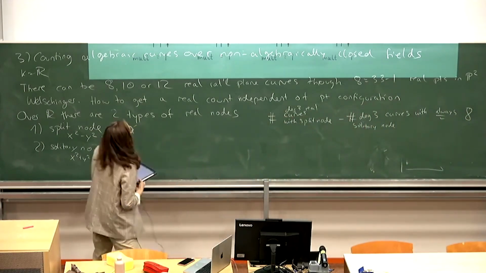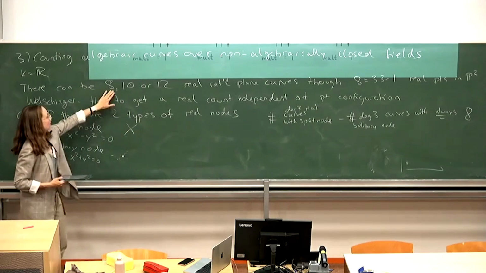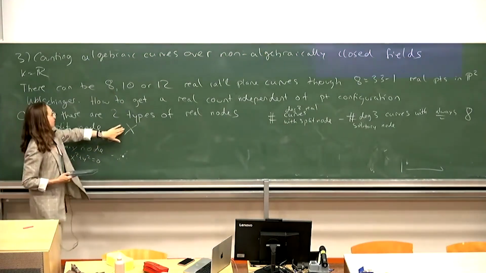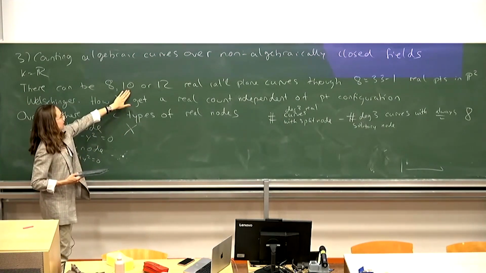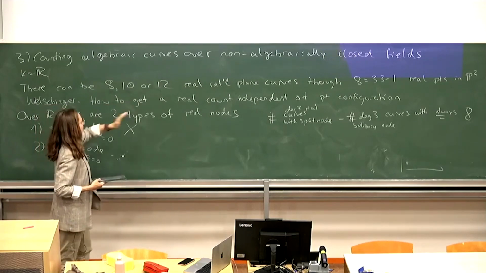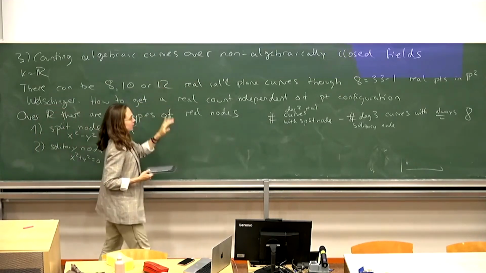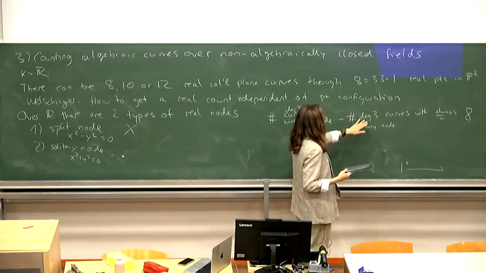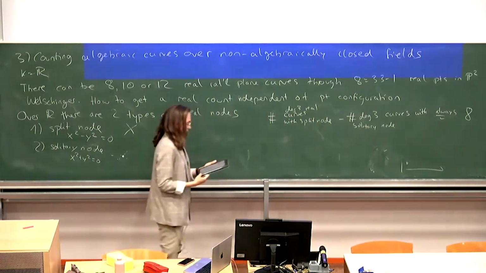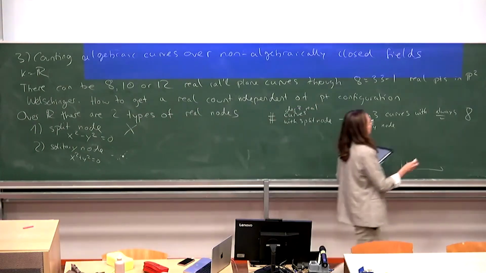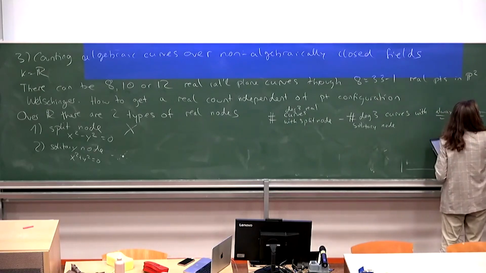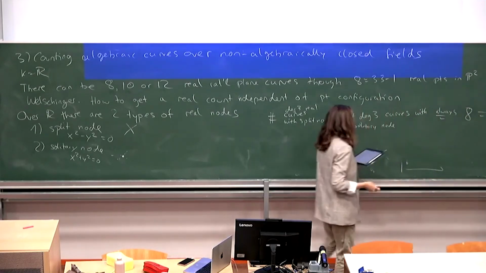So in the first case here, all of these curves have a split node. In the second case, 9 will have a split node, 1 is solitary. Here, 10 will have a split node, 2 a solitary node. And let's call this W3 for Welschinger invariant.